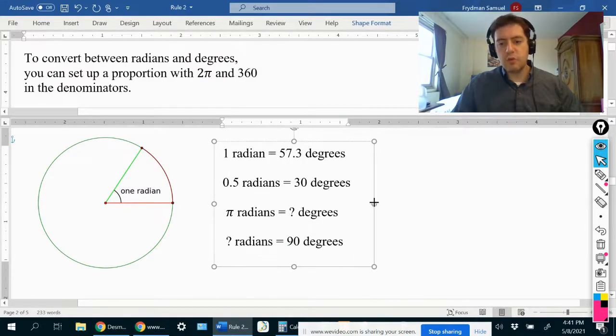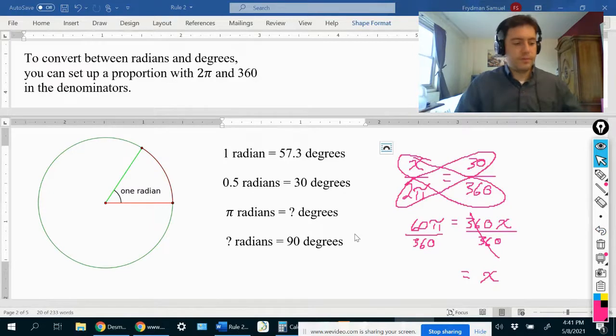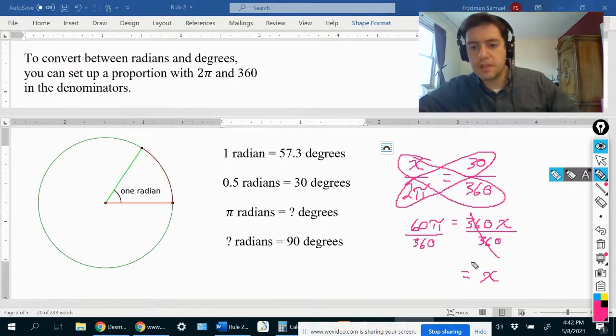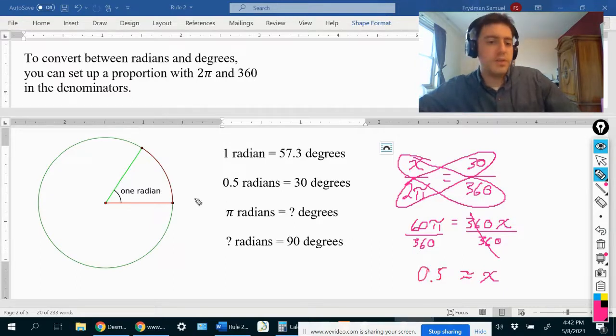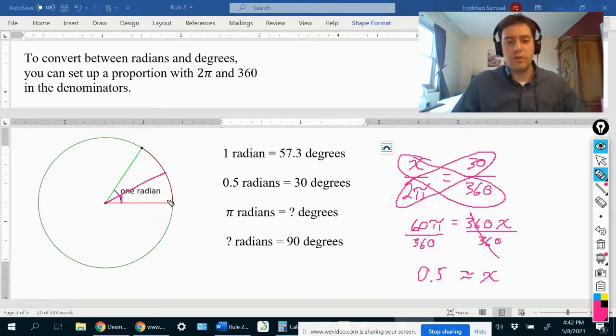Which does seem like a reasonable answer. This is approximately 0.5. Seems reasonable because 30 degrees is about this. This is about 30 degrees over here. And you can see that that's about half of 1 radian. So 0.5 as an answer makes sense.